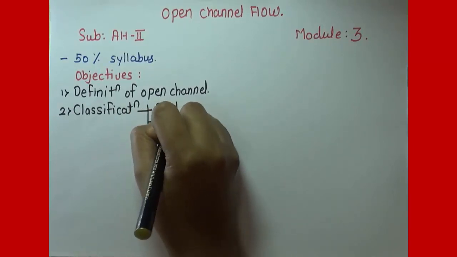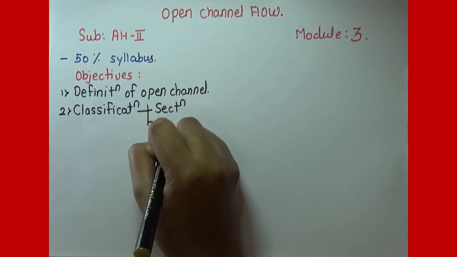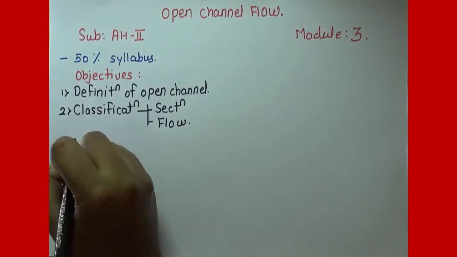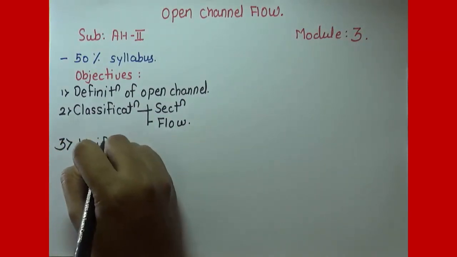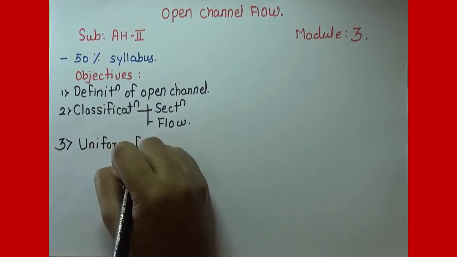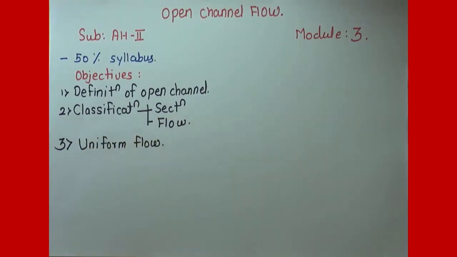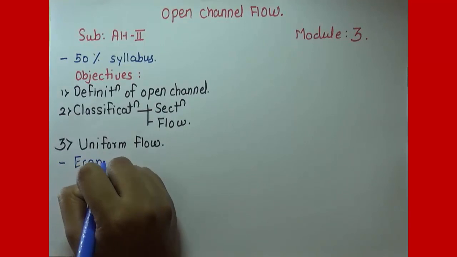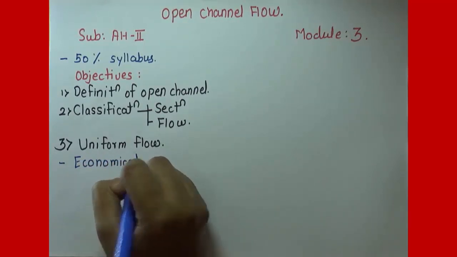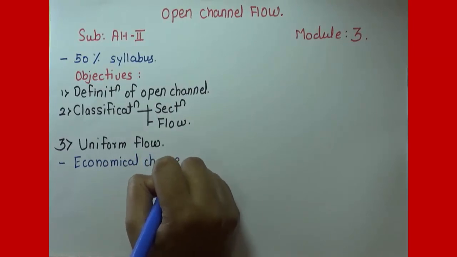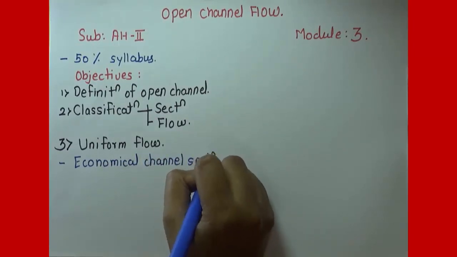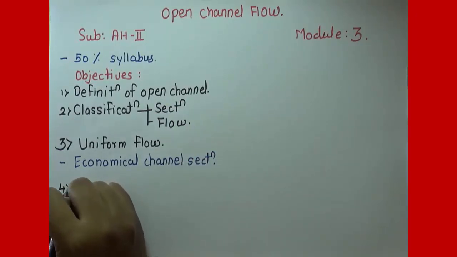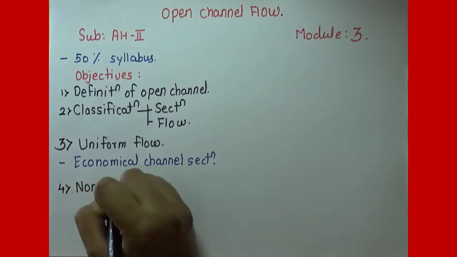The first part will be according to section, and the second part will be according to flow. The third part of this topic will be the analysis of uniform flow, in which the very important topic called economical channel sections will be analyzed. And the last, and again another important point, is non-uniform flow.